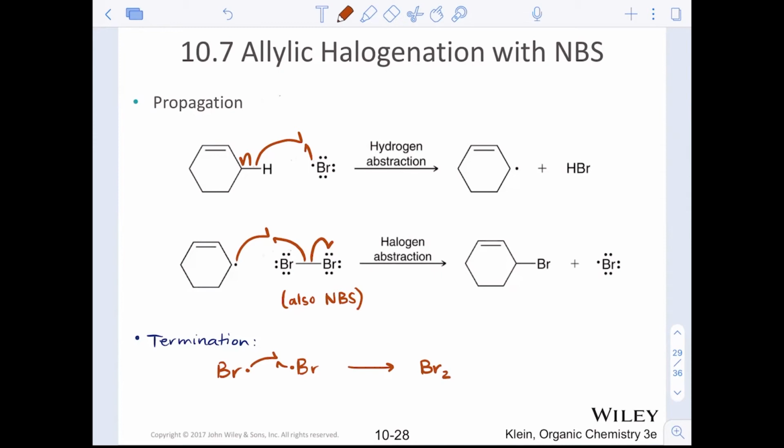So that's why we do see that Br2 can be used in the propagation step. You could also use NBS. It's just a little bit more complicated to draw. So feel free to use either one in the halogen abstraction propagation step. And again, any termination step can be drawn. I'm choosing the simplest ones to draw to keep things a little bit more light.